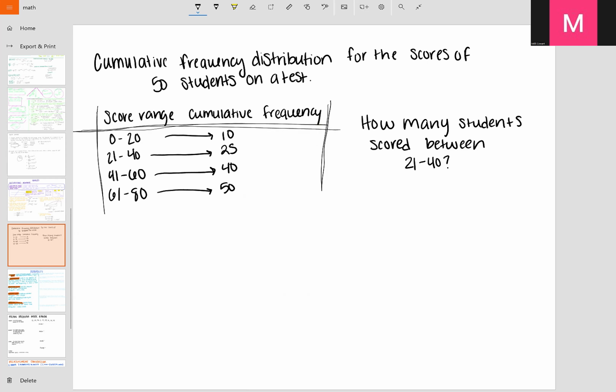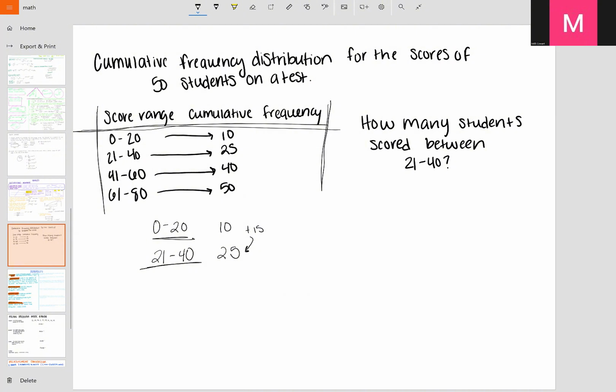So we start with a score range of 0 to 20, and 10 students scored within this range. And then we have the range 21 to 40, and we have the cumulative frequency of 25. But we're only adding 15 students to get to here.